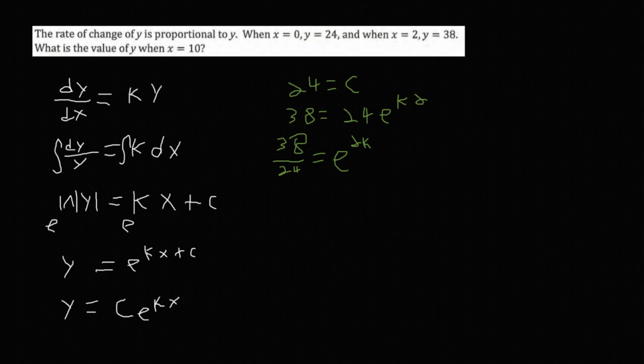Take the natural log of both sides to get rid of these exponentials. ln of 38 over 24 is 2k. Divide both sides by 2. So this over 2 is equal to k, which is approximately 0.2298. Here we go.